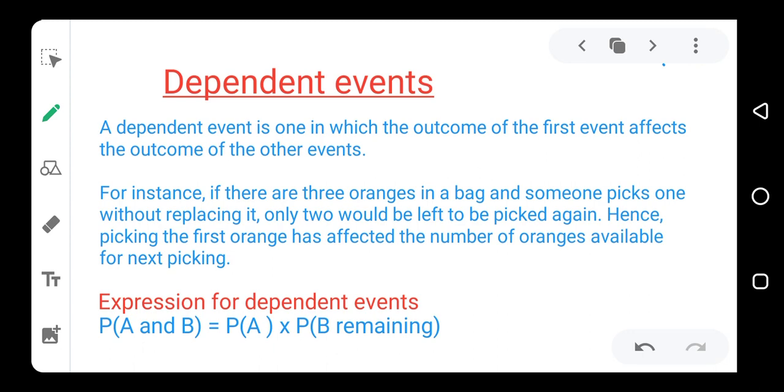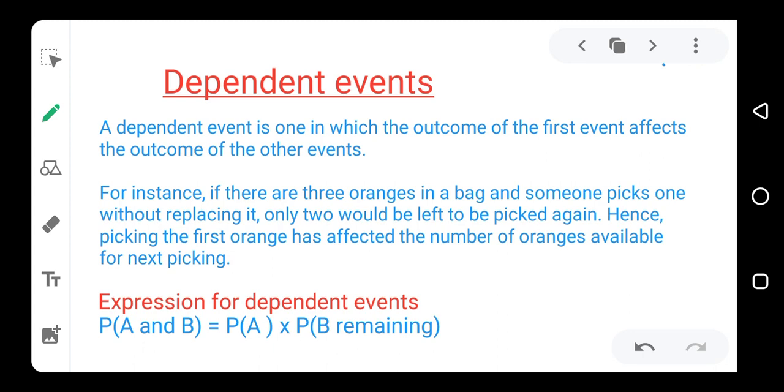Like the orange we picked in the instance I gave, you pick an orange and it will reduce the total number of oranges or samples available. So in this expression, B remaining is showing you what is remaining, the total number of the samples remaining that is available for you to pick from again.